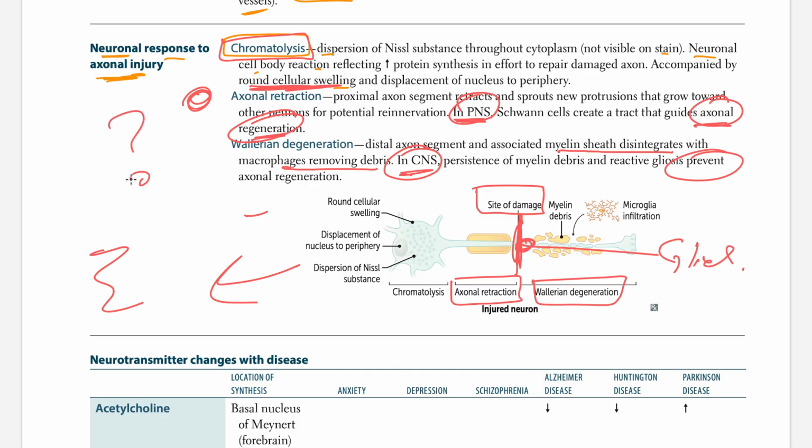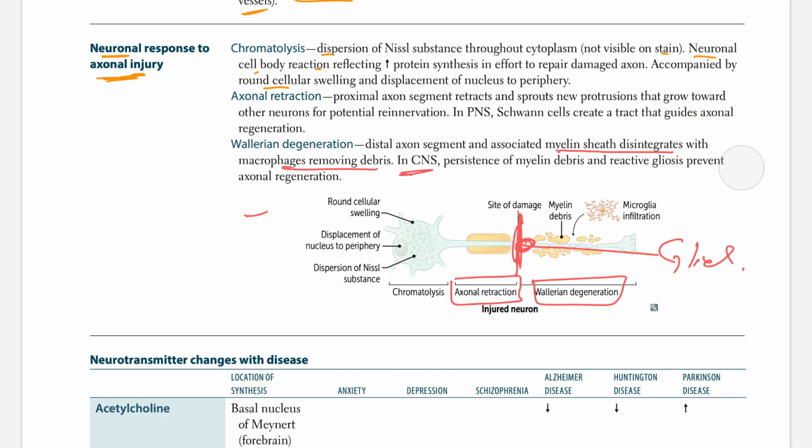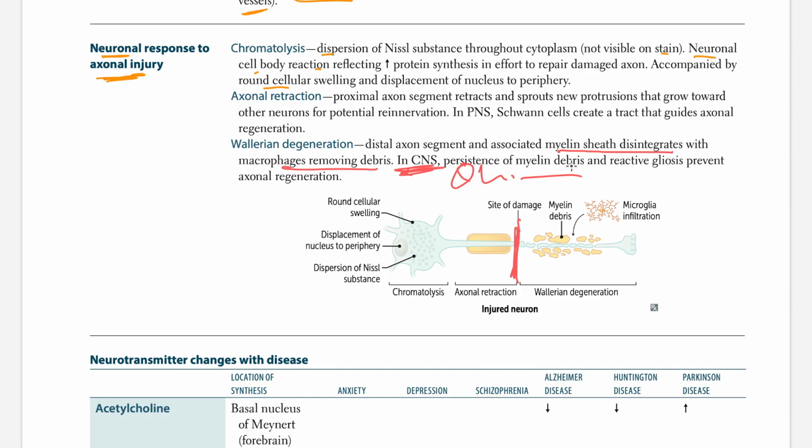The question is why? The simple answer is that in the CNS, when you have a site of injury, instead of the oligodendrocytes doing their work, making new myelin and calling macrophages to clear debris, they undergo apoptosis.